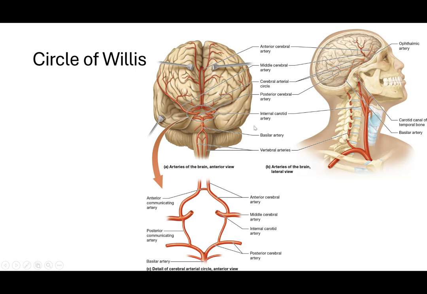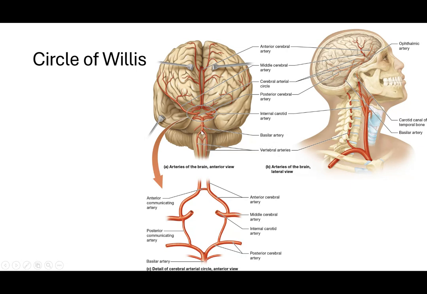Now, following the vertebral arteries, they will actually fuse together and form the basilar artery. The basilar artery is what's going to supply that anastomosis that we talked about, the circle of Willis, right? This is the only anastomosis that you need to be aware of, and it's going to be supplied by the vertebral arteries on the posterior side.